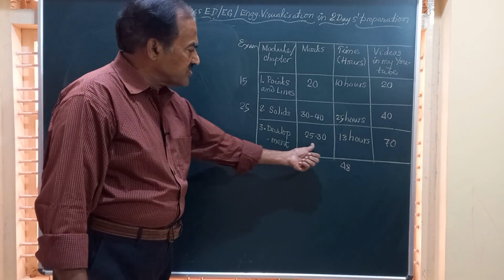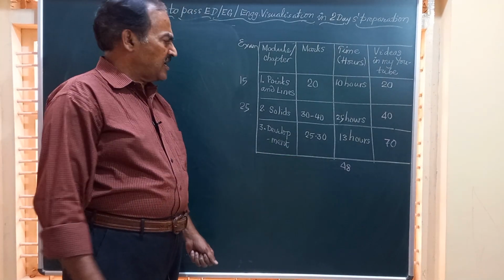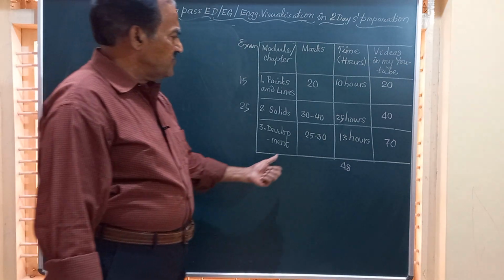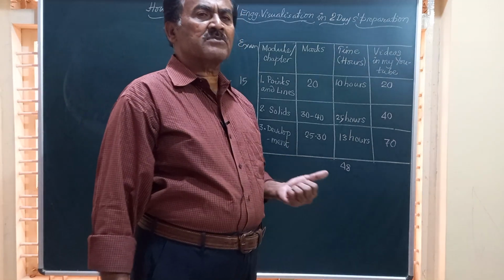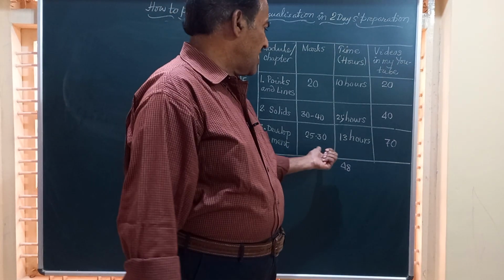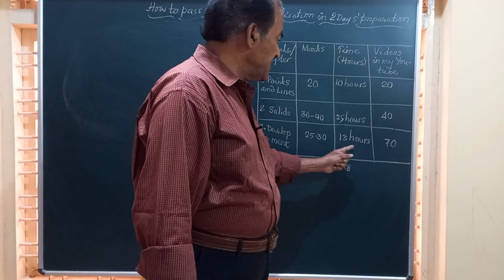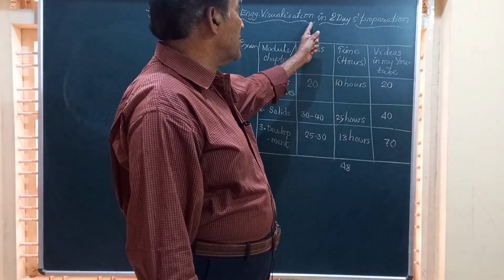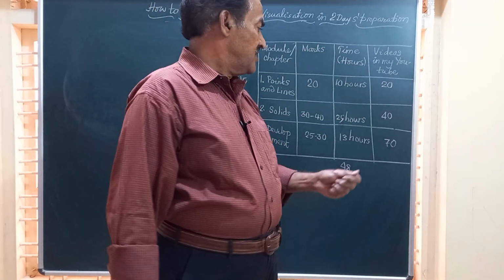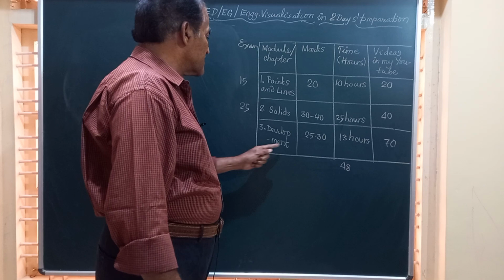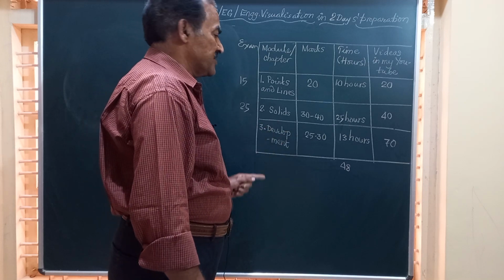Friends, here the marks is 25 to 30 and hardly you can take and complete this problem in around half an hour time. That is, you can allocate 13 hours of the total 48 hours for clearing this question in the examination.